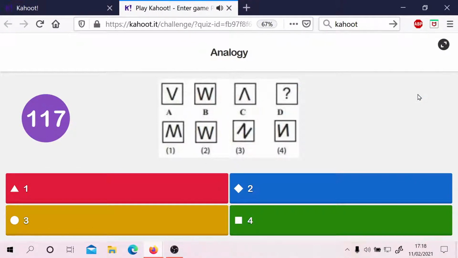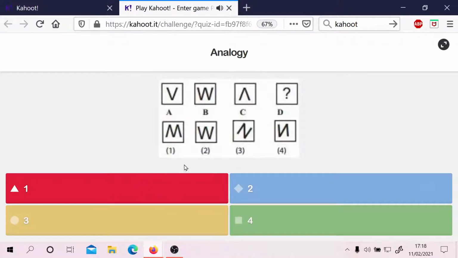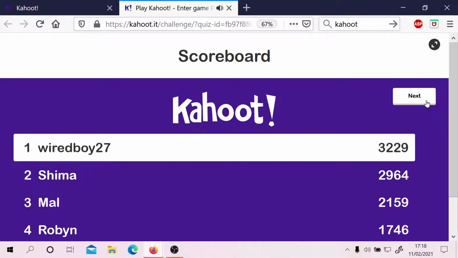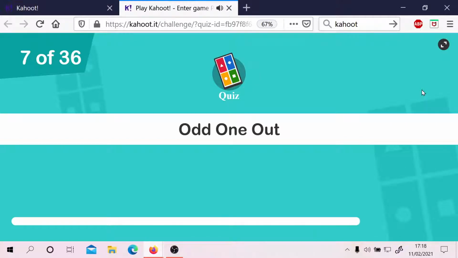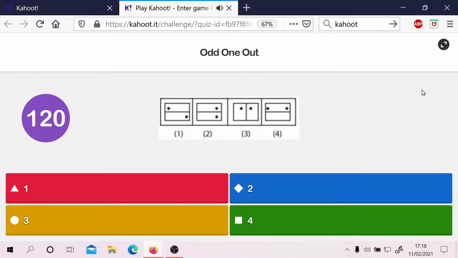Right, V, and it goes to W, and that's going to go to an M, basically, right? That is 4.